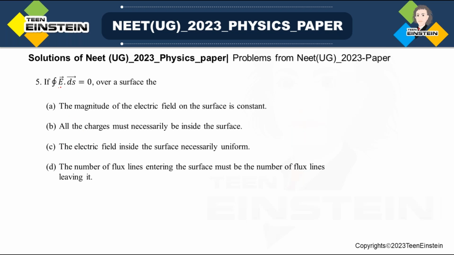If the closed path integral of E dot ds is equal to 0, what does this mean? This means flux is 0, total flux or net flux is 0. Net flux coming out through the closed surface is 0.